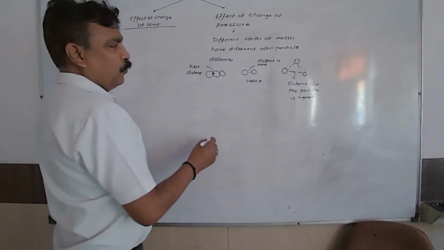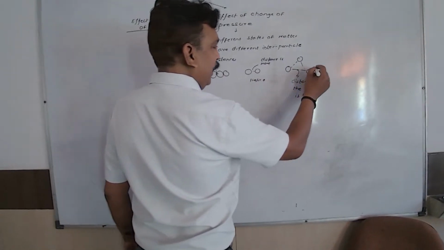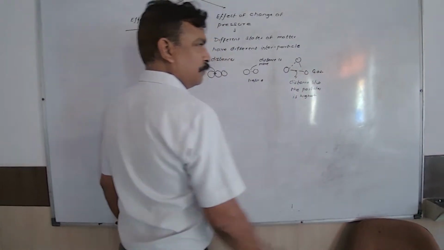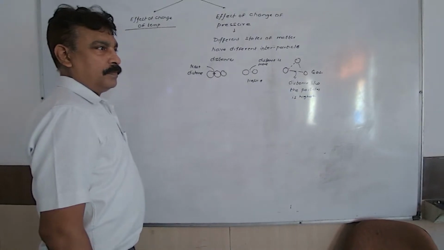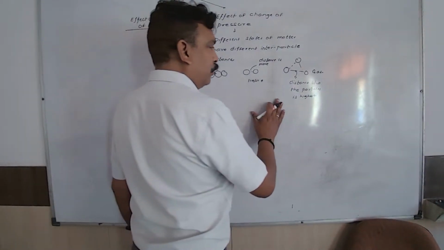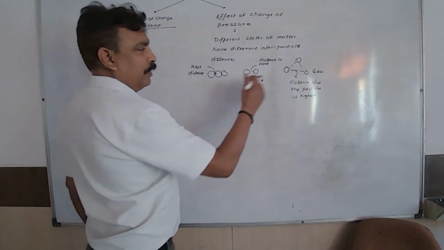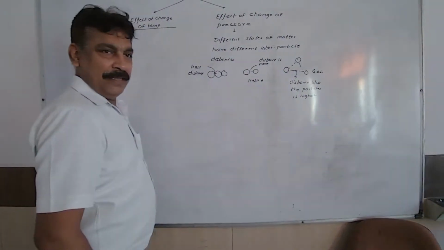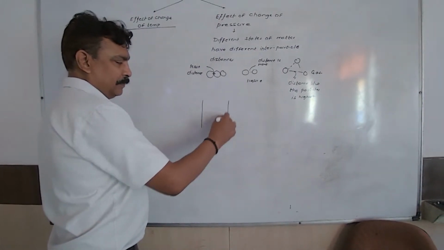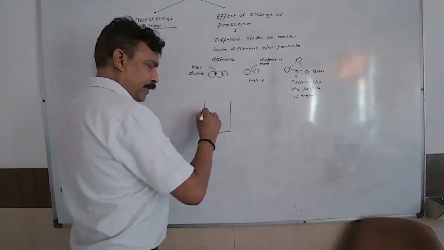So now what do we have to do? We have to convert. Now this is a gas, isn't it? For example, I want to convert this gas into liquid. Suppose you have a gas in a container.